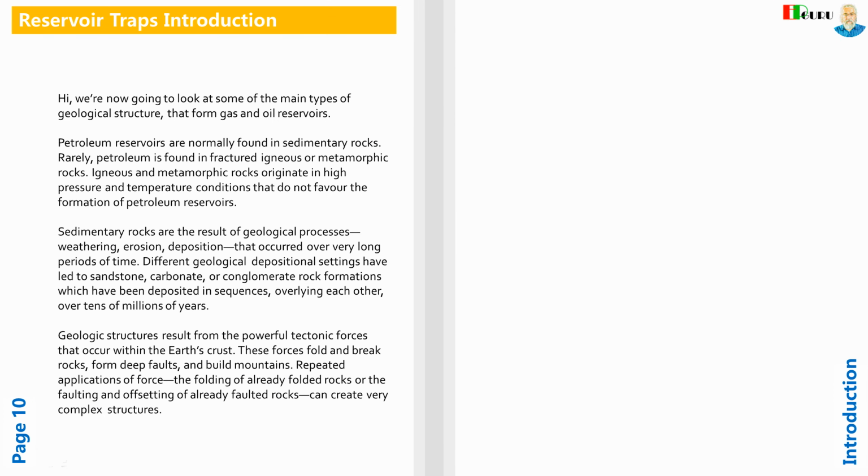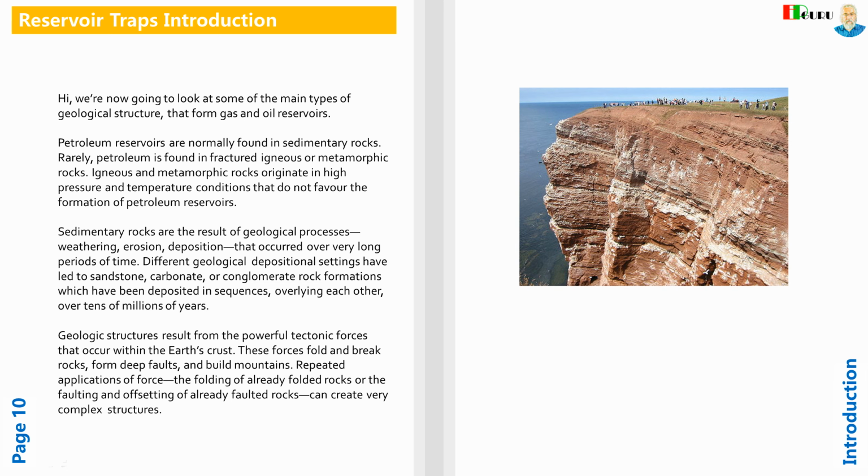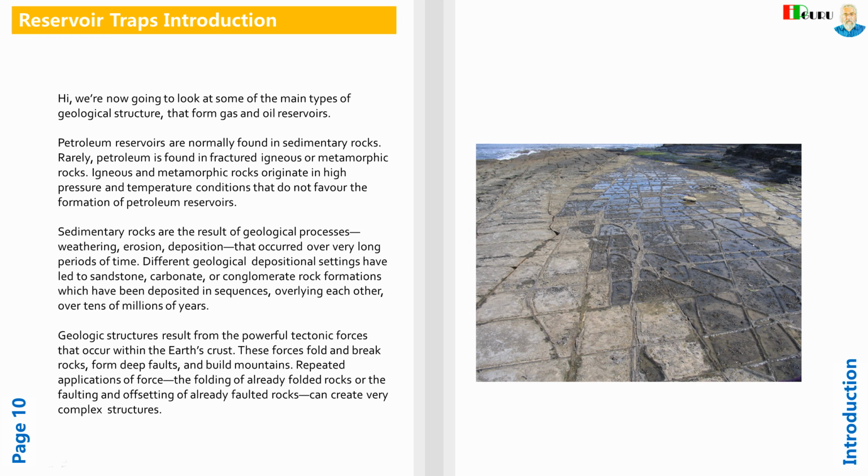Hi, we're now going to look at some of the main types of geological structure that form gas and oil reservoirs. Petroleum reservoirs are normally found in sedimentary rocks. Rarely, petroleum is found in fractured igneous or metamorphic rocks. Igneous and metamorphic rocks originate in high pressure and temperature conditions that do not favour the formation of petroleum reservoirs.